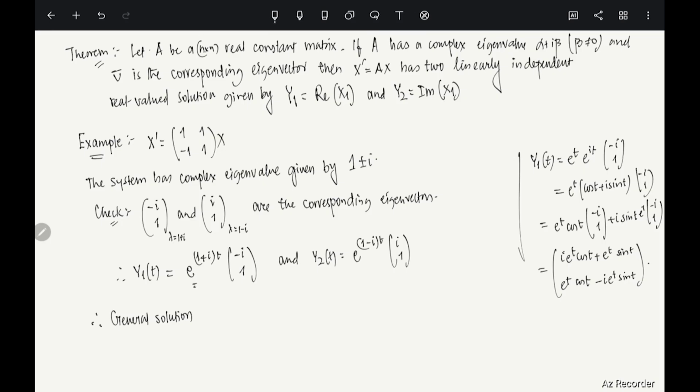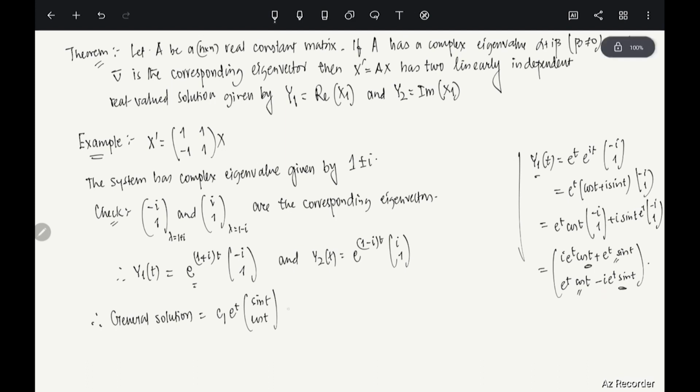So now basically the real part of y1 and the imaginary part of y1 you just separate out. So the general solution will look like this: c1 times e to the power t sine t and cosine t. So you see this part and this part, right? That's the real part, and the imaginary part is this one and this one.